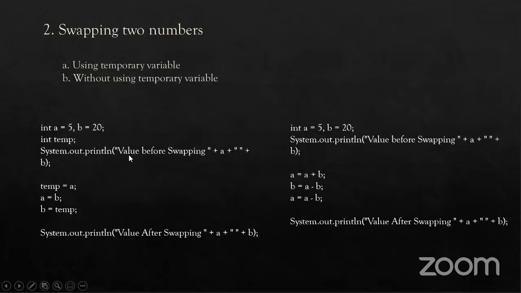So here we will get the output: value before swapping 5 and 20. Okay, so now we do our operation. We have the temp variable also, right? To that temp value, firstly we assign a. Okay, temp equal to a.